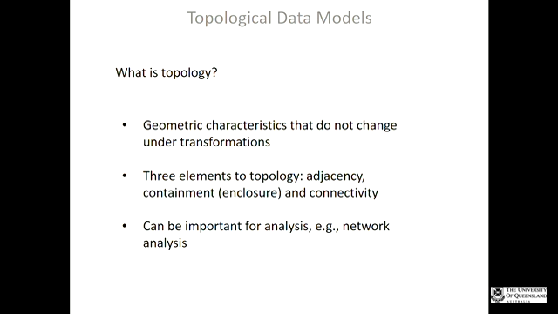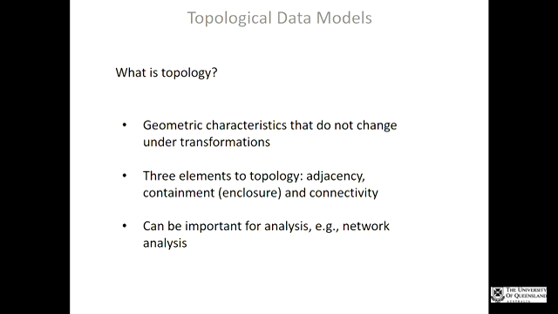So if you shift these objects or move them or bend them in some way, there are some geometric or geographic characteristics that don't change. So there are some elements that don't change. And it depends on what type of topology you mean. But I'm going to look at 3 types of topology.